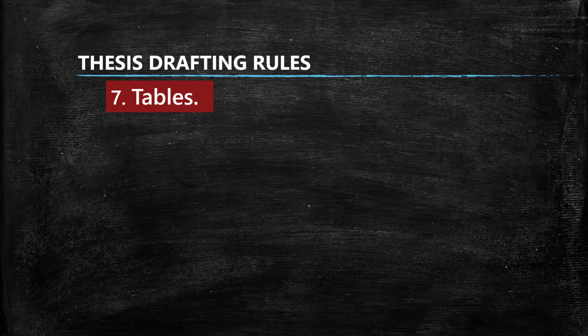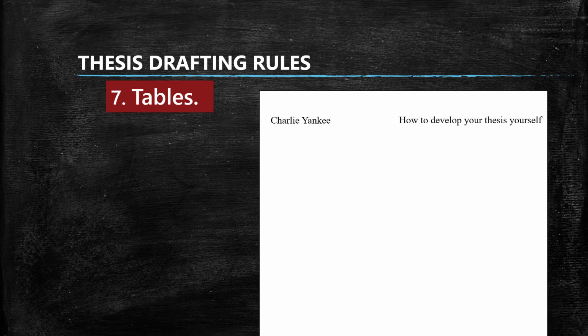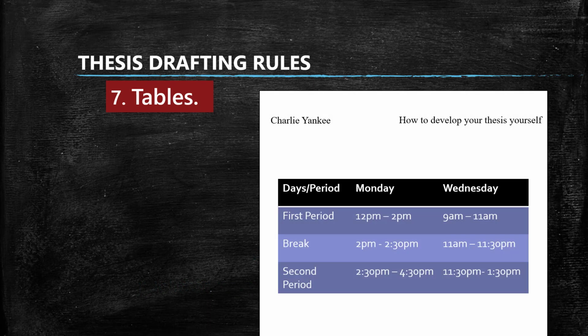Here I have an example. Assuming this is our table, we are going to align the name at the top. In some cases, you may not need a source, and I believe the lecturer will understand.